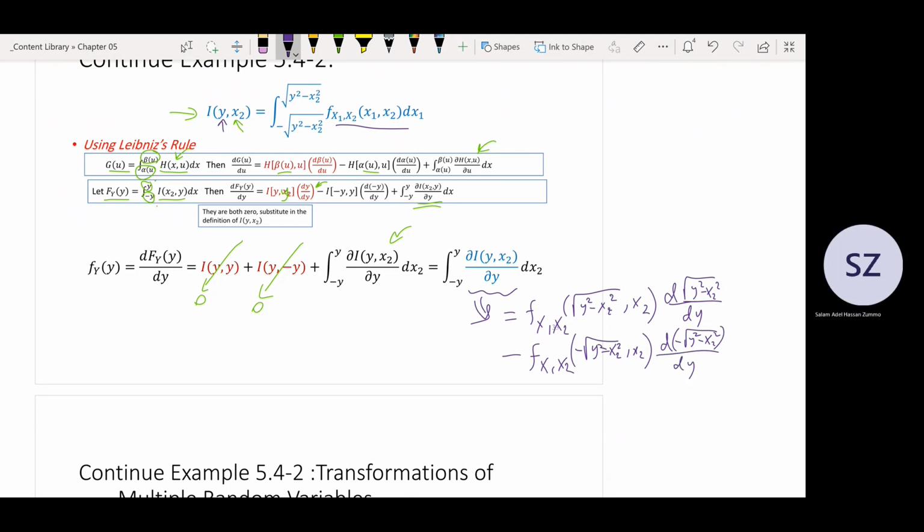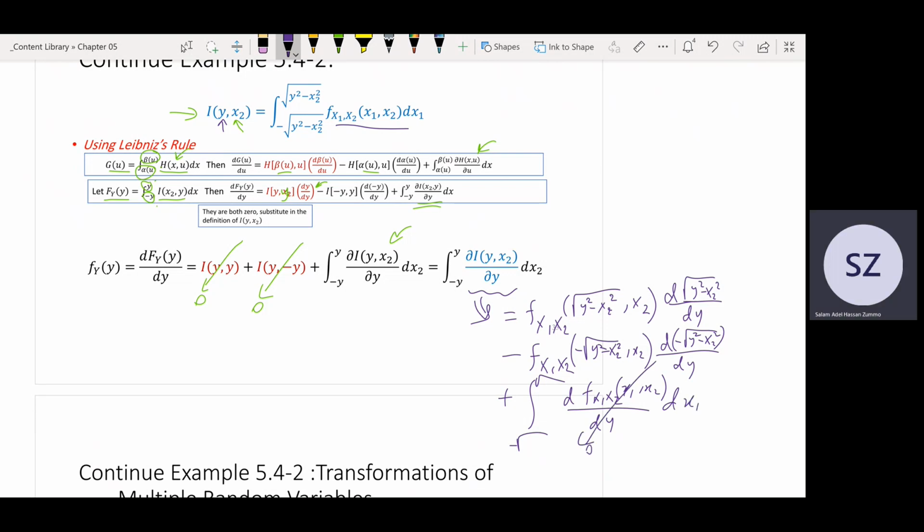Plus the last one, which is the integral of the derivative, the integral of the same thing, minus of the derivative of f(x1, x2) with respect to y. But what is this again? It's 0.